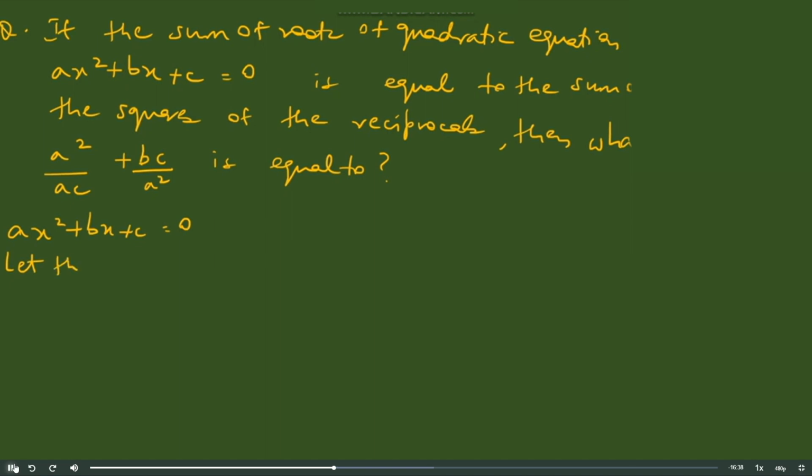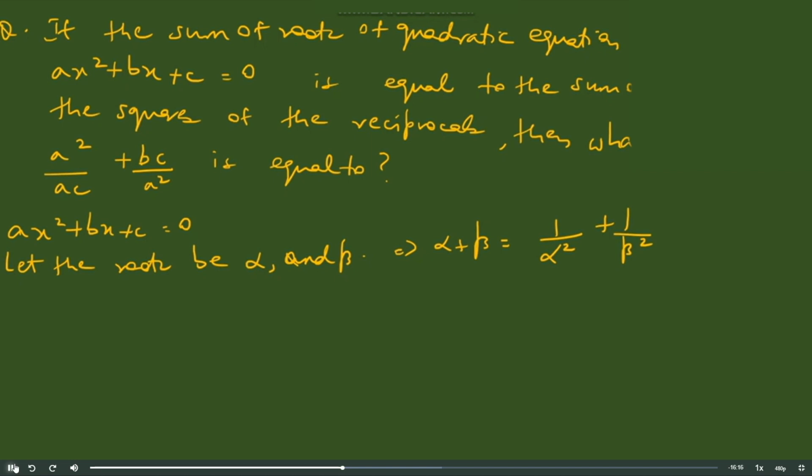Let the roots be alpha and beta. They're saying that sum of the roots alpha plus beta is equal to sum of the squares of the reciprocals, 1 by alpha square plus 1 by beta square.